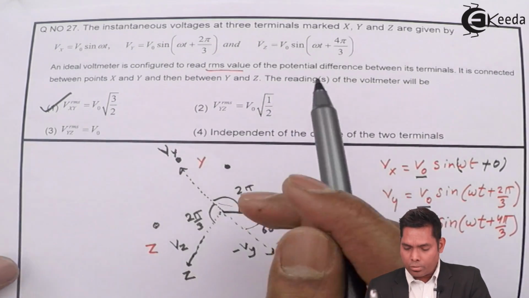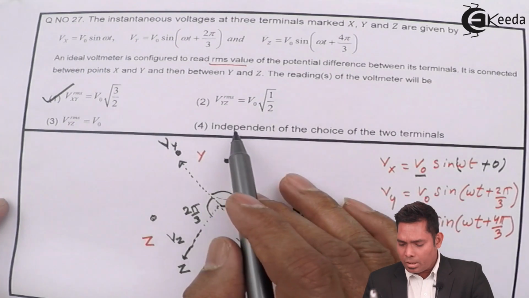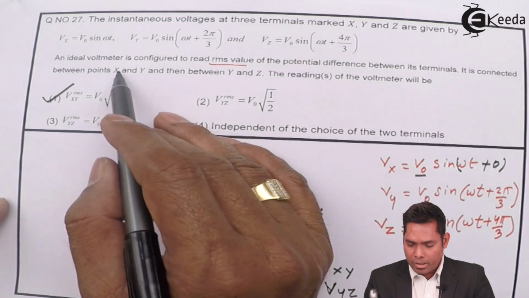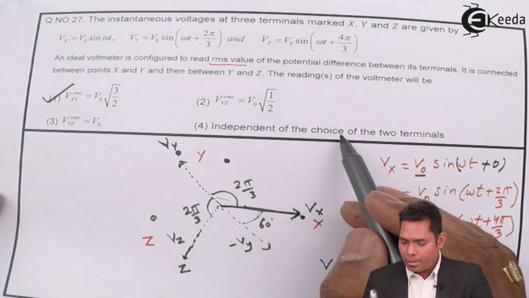And what about option number 4? It says independent of the choice of the two terminals. That means the reading between XY and YZ is independent of the choice of terminals.